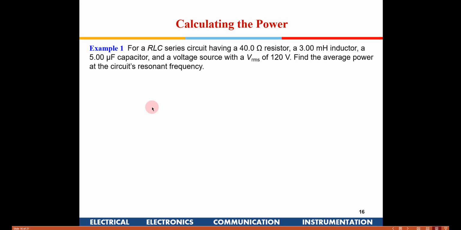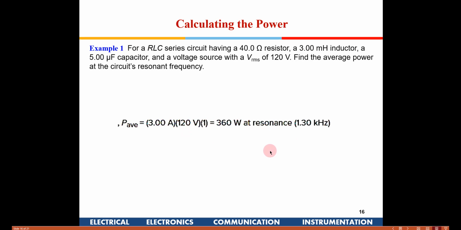It says at resonant frequency. So at resonant frequency, you can straight away say the inductor and the capacitor cancel out each other, so only the resistor would remain. So you can simply write V square by R, 120 square by 40. Or V into I, which is V divided by R times V, and the power factor will be 1 at resonance.